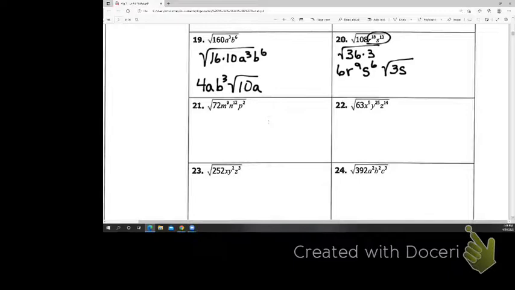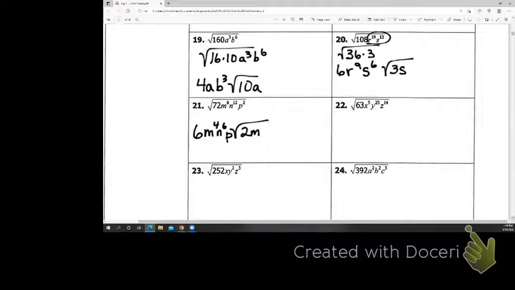So that would send a 6 to the outside. There would still be a 2 under. And then half of 9, 4 with 1 extra. Half of 12, 6, no extra. Half of 2, p, just first power, no extra.